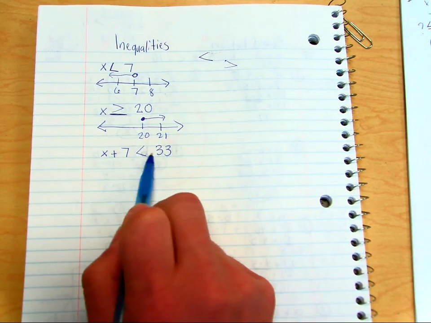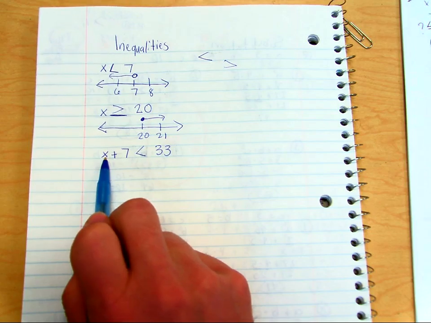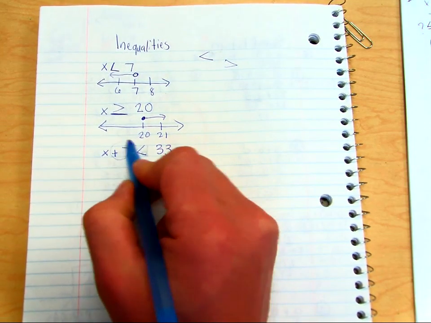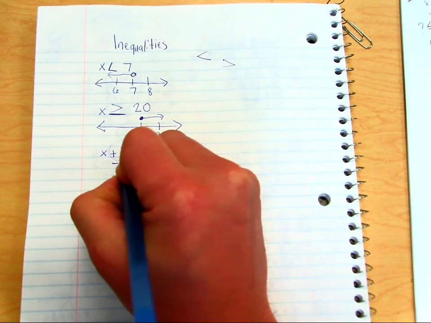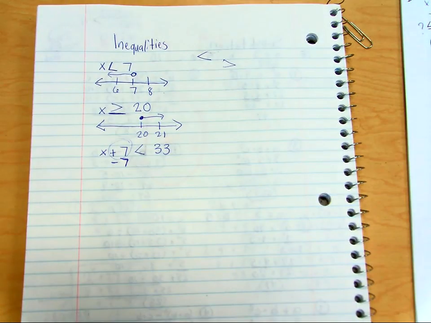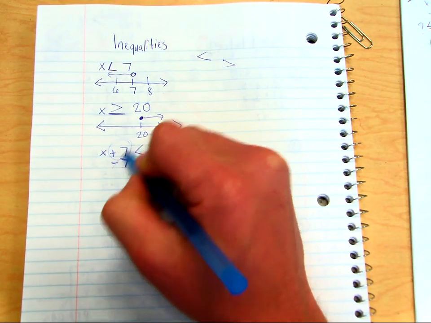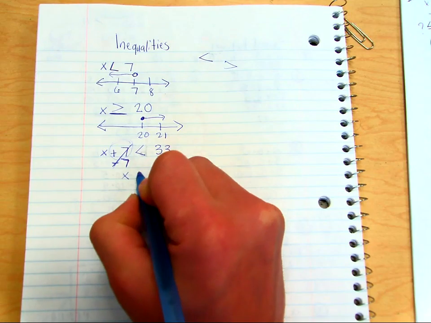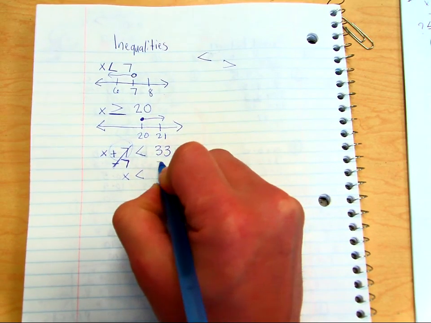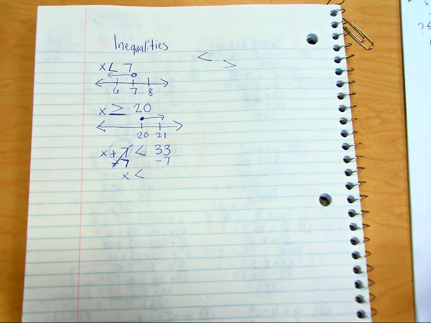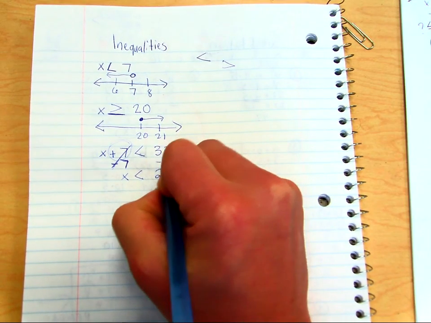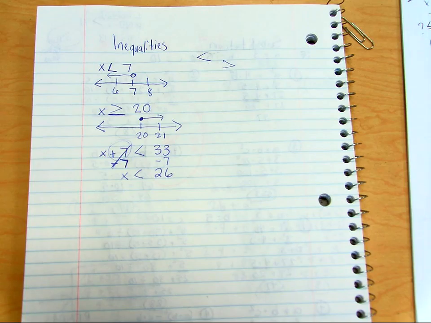Since this is addition, I want to get just x on one side of my inequality. So I'm going to get rid of this plus 7. It's an extra 7. To do that, I subtract 7. 7 minus 7 makes nothing. So I'm going to bring my x down. I'm going to bring my sign down. Then I'm going to subtract 7 over here. 33 minus 7 would be 26.